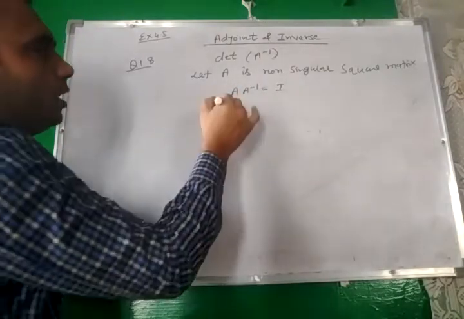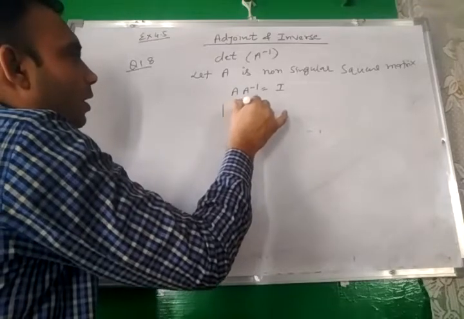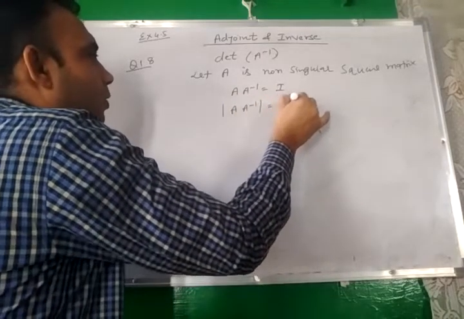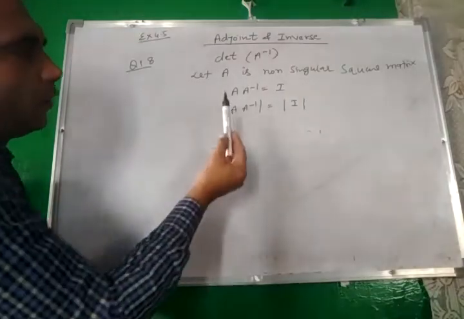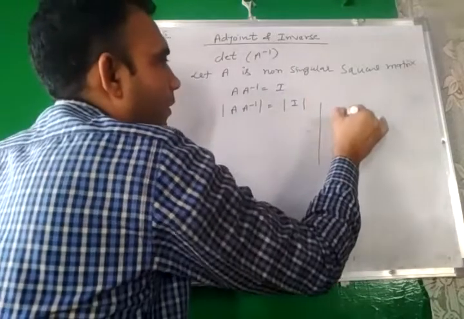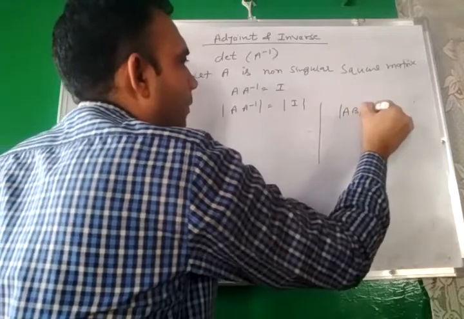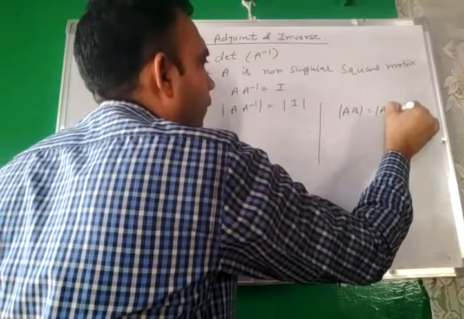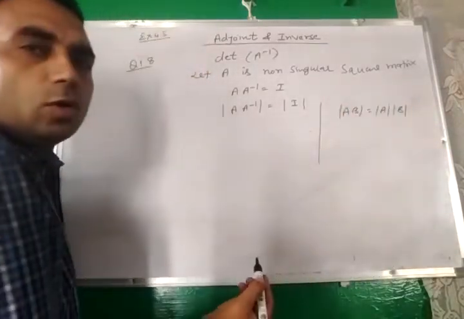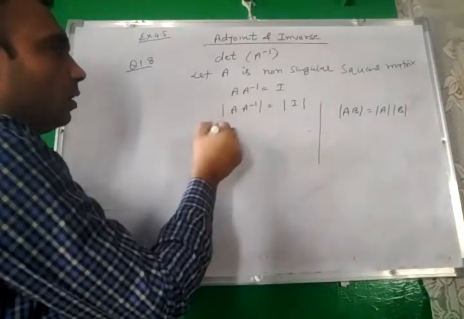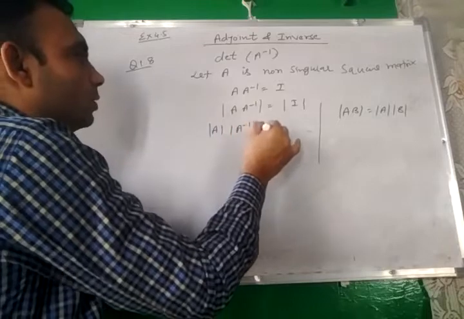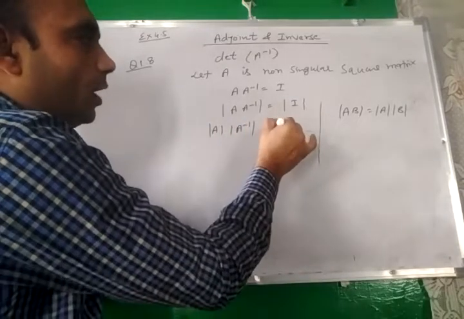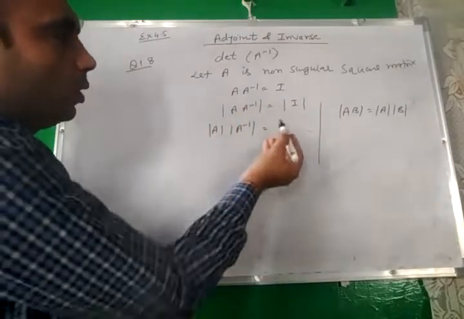Taking determinant on both sides, determinant of A times A inverse is equal to determinant of I. By the property of determinant, determinant of AB is equal to determinant of A into determinant of B. So here determinant of A into determinant of A inverse is equal to determinant of I. Identity matrix determinant is 1.